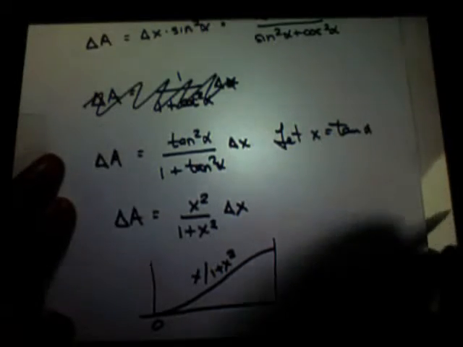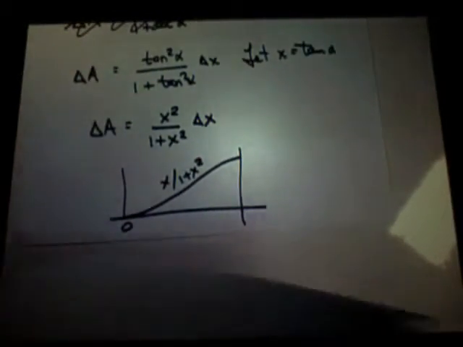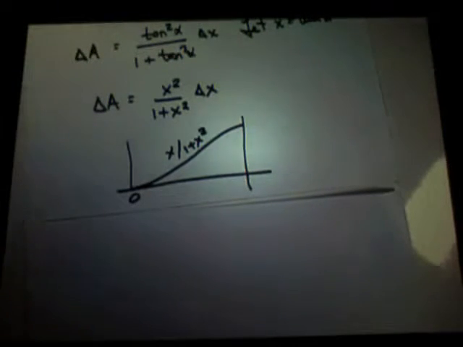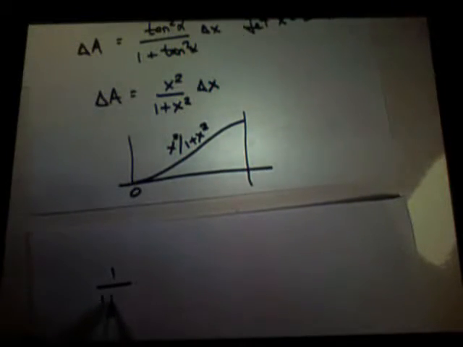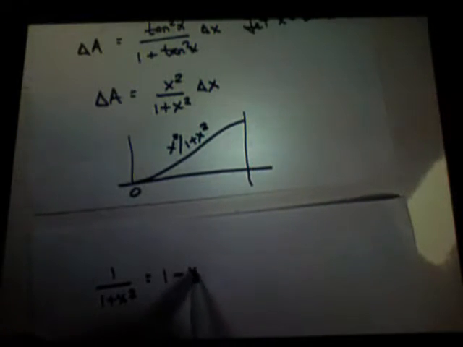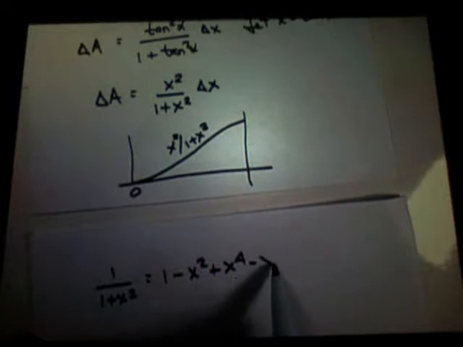Now here's what Leibniz did with great insight and foresight. Instead of trying to integrate x squared over 1 plus x squared, I'm going to write 1 over 1 plus x squared as 1 minus x squared plus x to the 4th minus x to the 6th. Remember these.